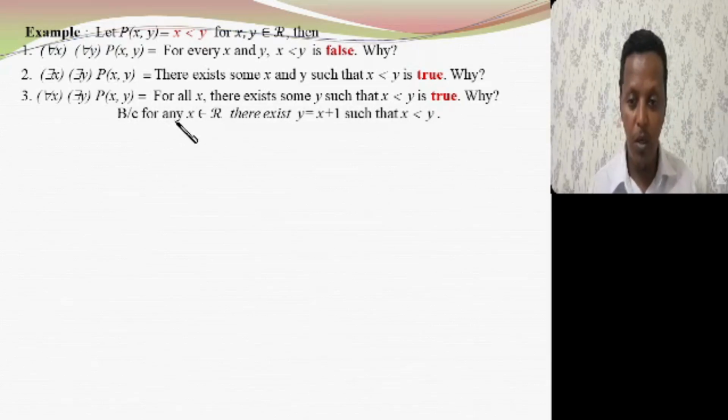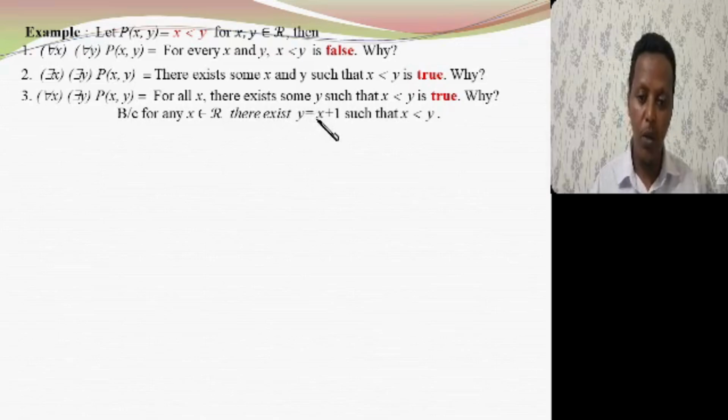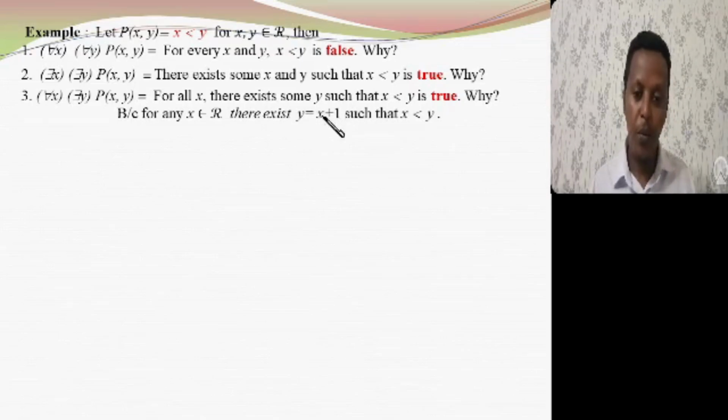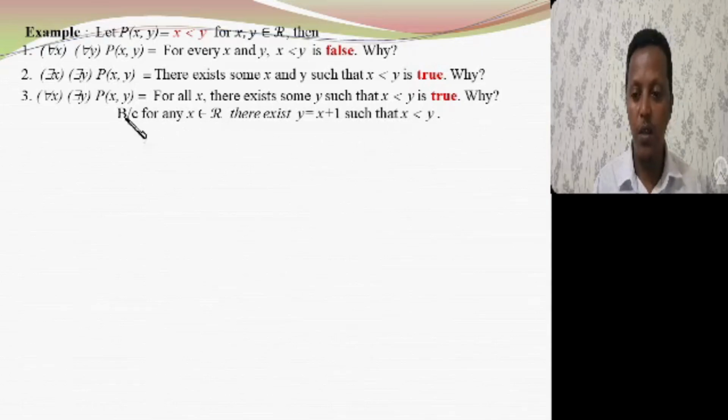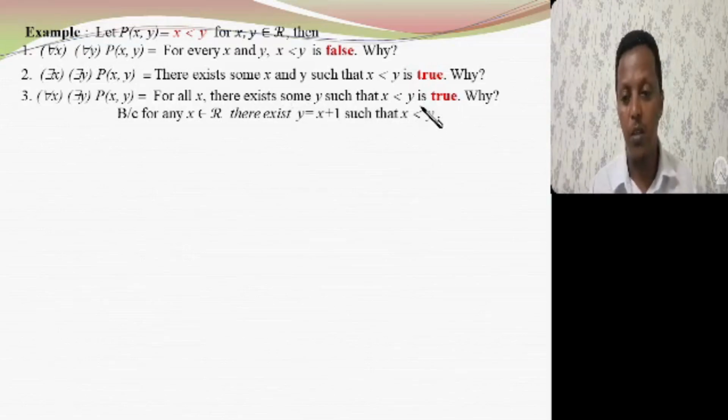Or in other words, for any x from the real numbers, we can get x plus 1, which is greater than x. So y will be x plus 1. In this case, y is greater than x. So for all x, there exists y, P of xy is a true statement.